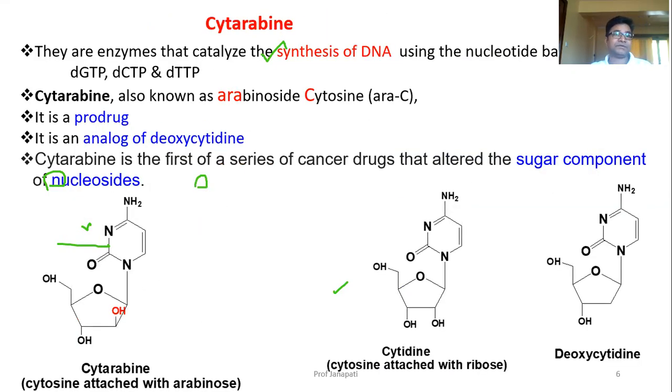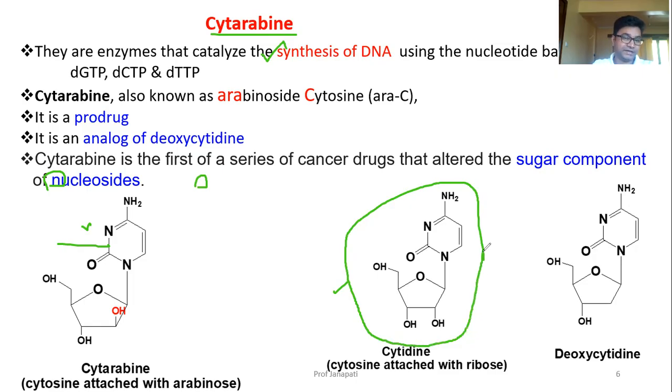Now you can see one more drug class, cytarabine, a cytosine derivative. One example of the drug is cytarabine. Now this is the natural metabolite, which is present in our body and is a component of DNA, and it binds to guanine.